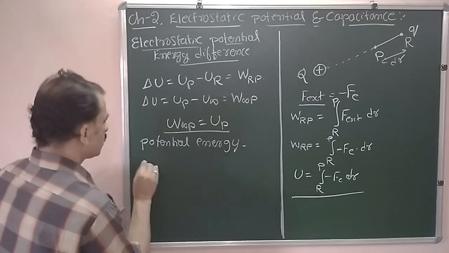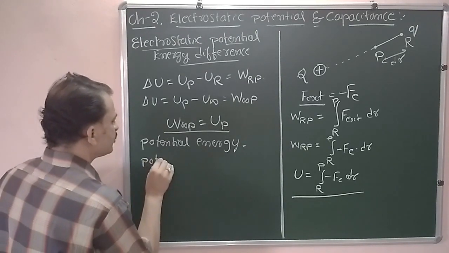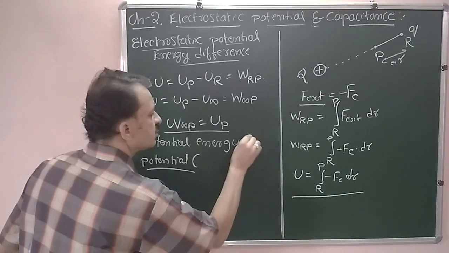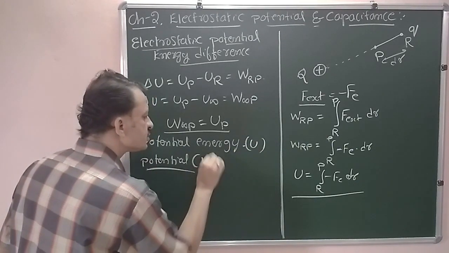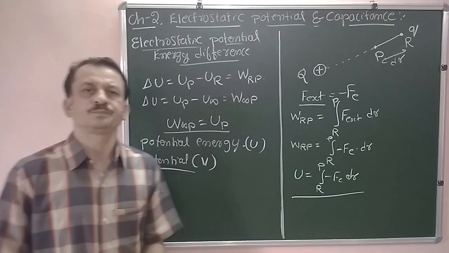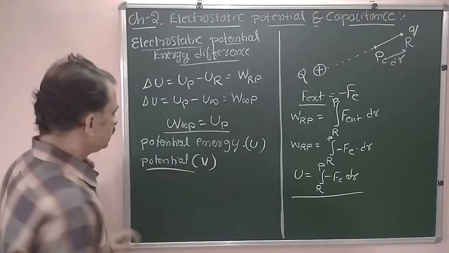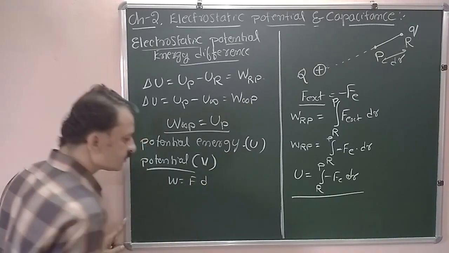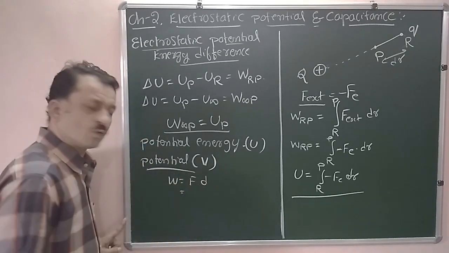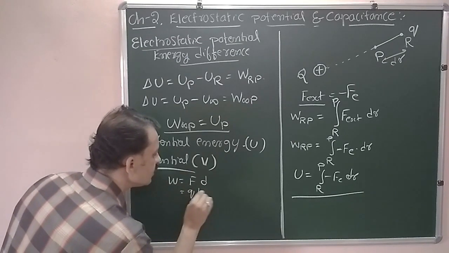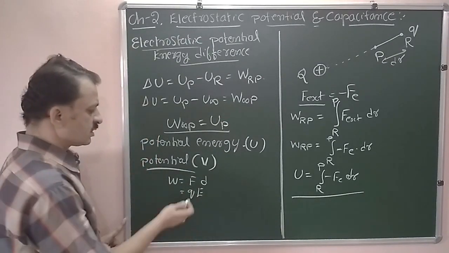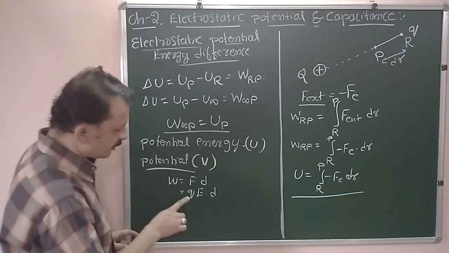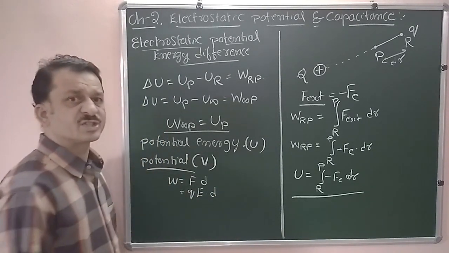Now let me define one more quantity, potential. Potential energy is denoted by the letter U. The potential is denoted by the letter V. Now work done is simply force into displacement. In electrostatics, the force on a point charge is Q into E. Therefore work done depends on the charge Q. It is charge dependent.